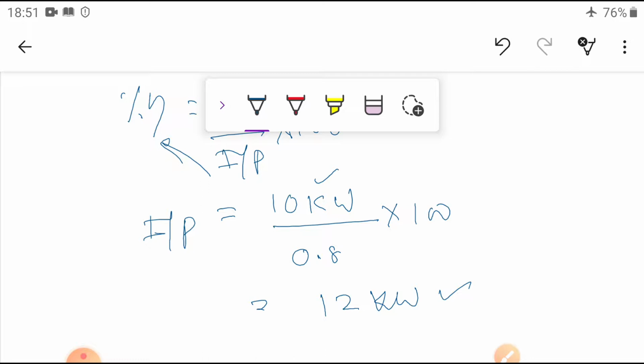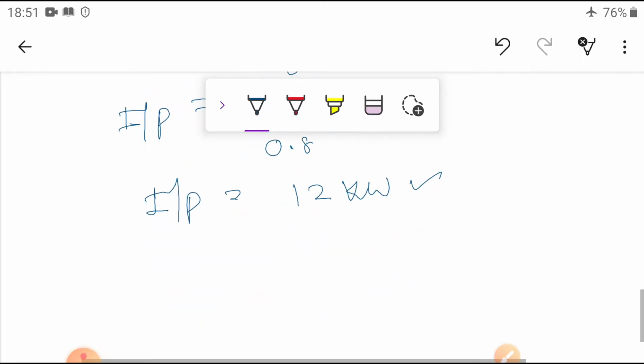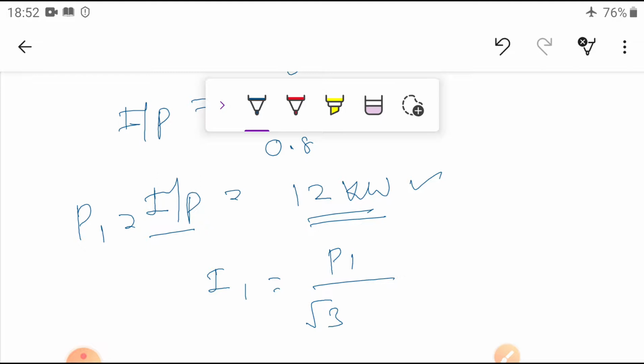Now based on this input, I am going to calculate the current. This is nothing but P1. Simply substitute: P1 is equal to √3 VL I1 cos phi, since it is 3-phase. Cos phi is given.